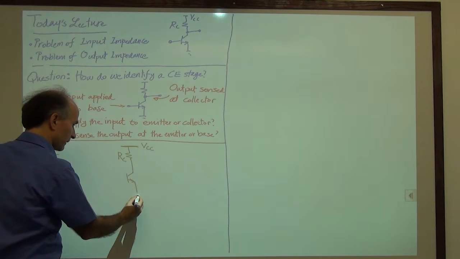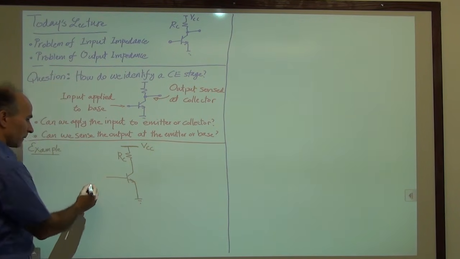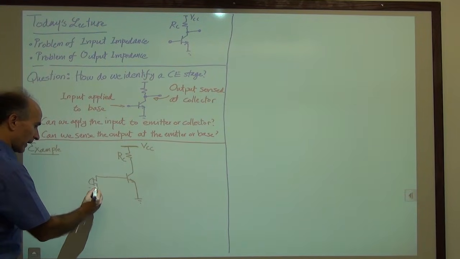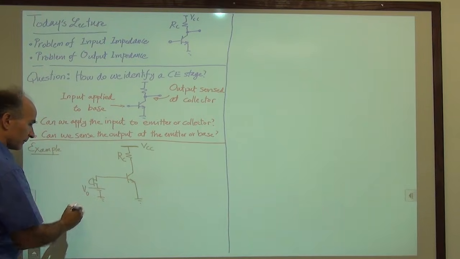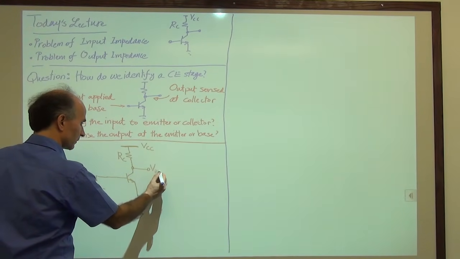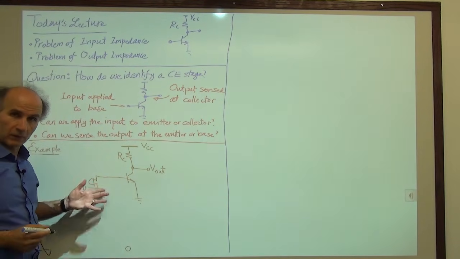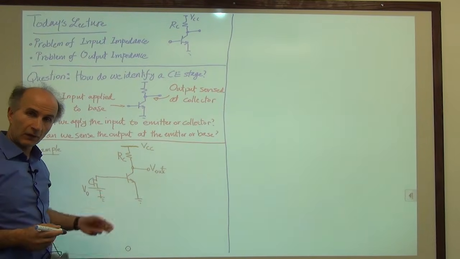Then we have a bipolar transistor whose emitter goes to ground. Then to the base we connect the microphone and a bias voltage, V0. And the output is taken from here, V out. All right? So we are happy with this. It works in forward active region. It provides gain. Everything looks good.